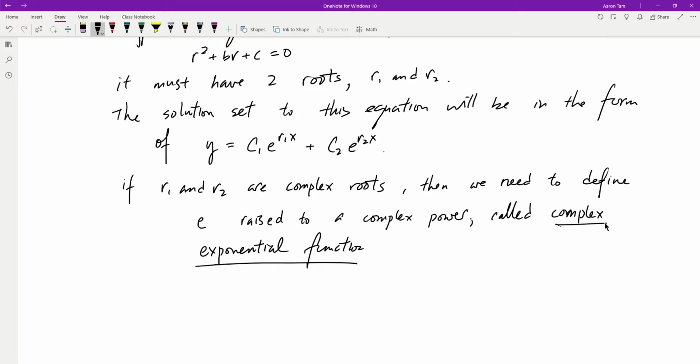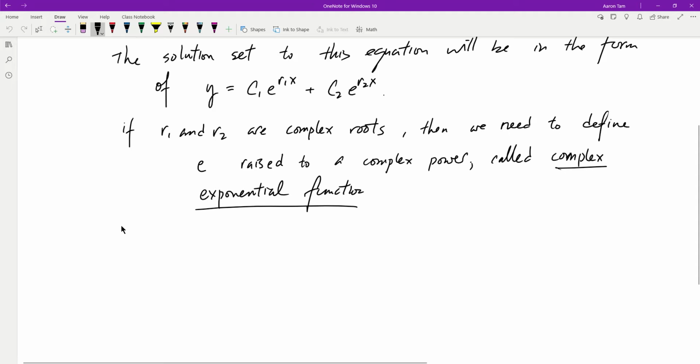So what is the complex exponential function? Well, let's try to define it. Definition. Obviously we all know how to raise e to a real power already. So the only part that we really want to define is what happens in the imaginary part.